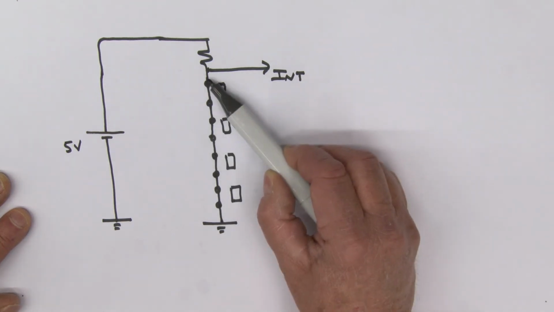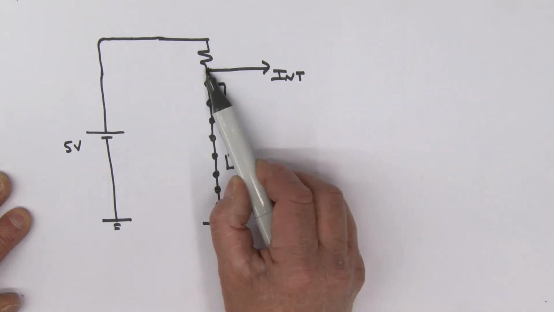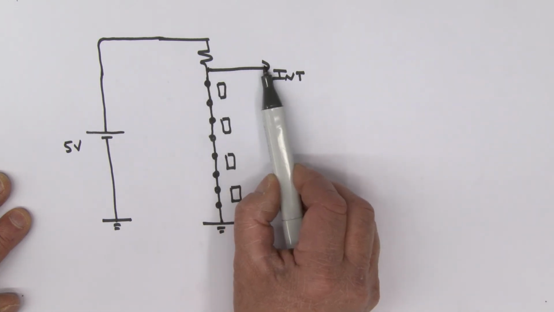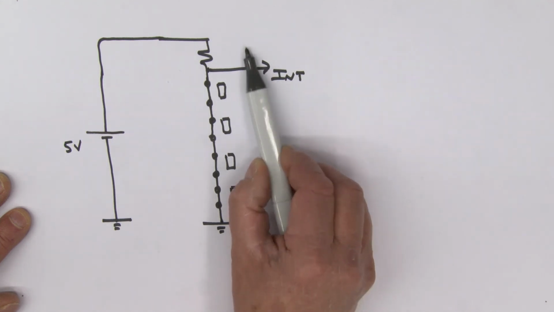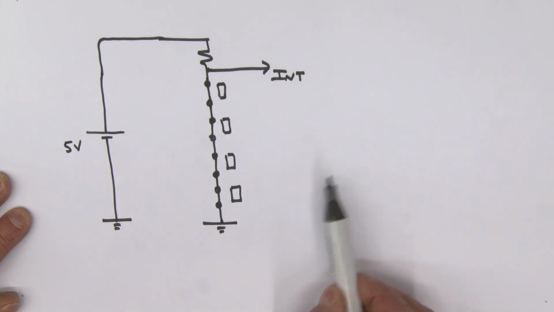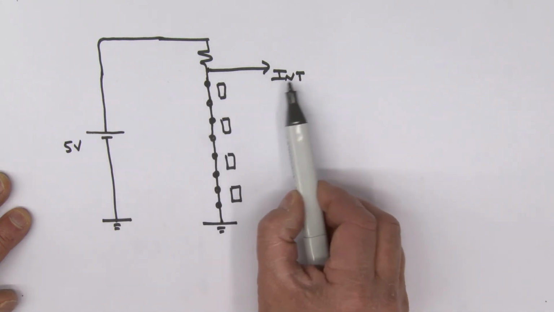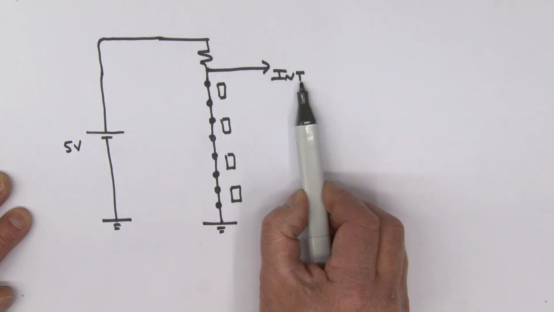Since all of these are in series, any one of these switches opening up will cause this intrusion to go up to 5 volts or become a logic level 1. And that's basically how we're producing an intrusion signal that's used with our state machine.